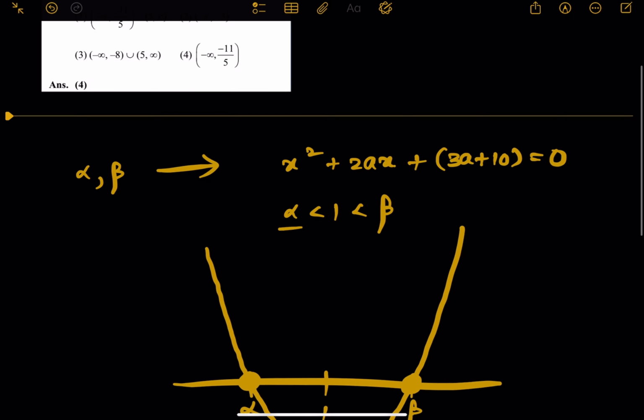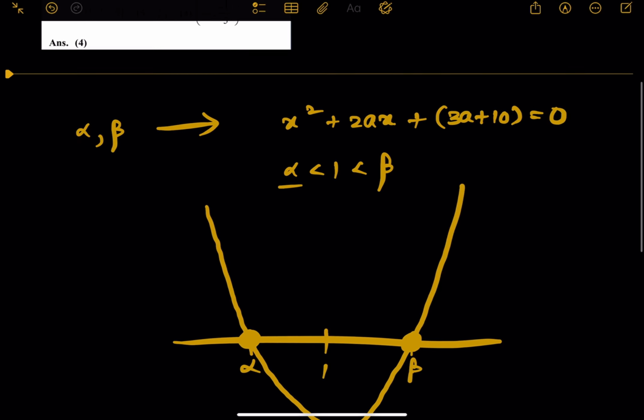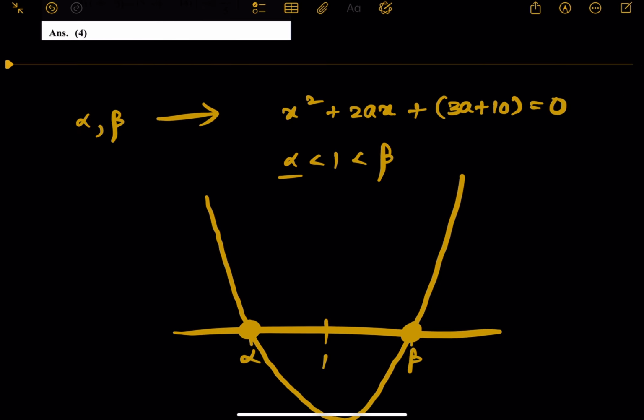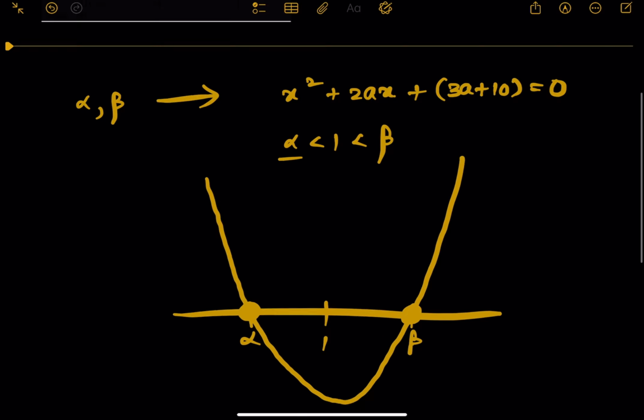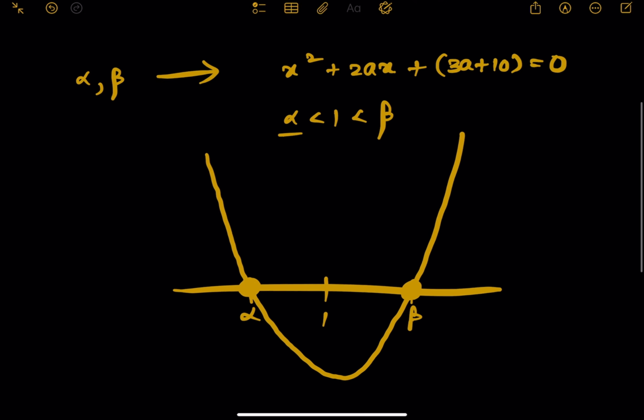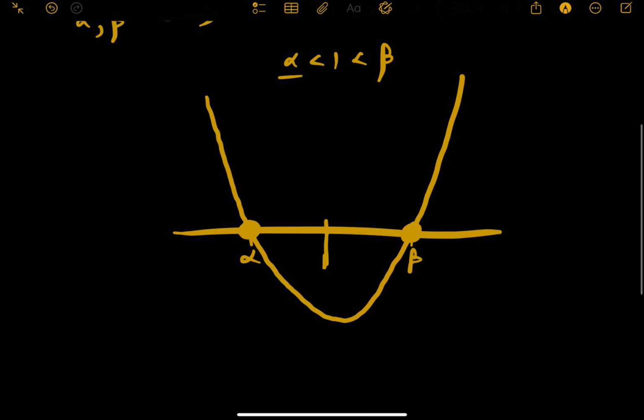Now, what can we do about this? What observations can you make? The very key observation is that f of 1 is always negative.